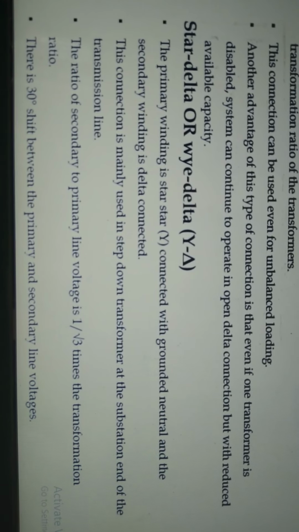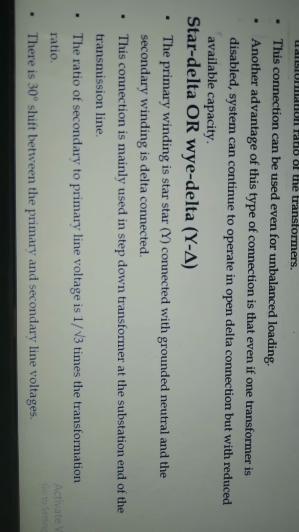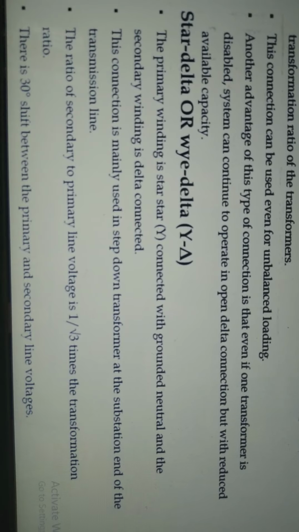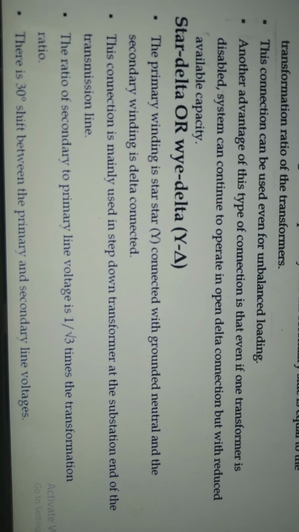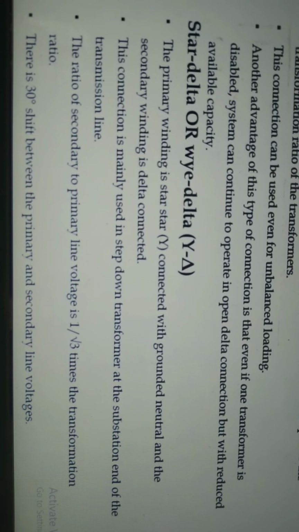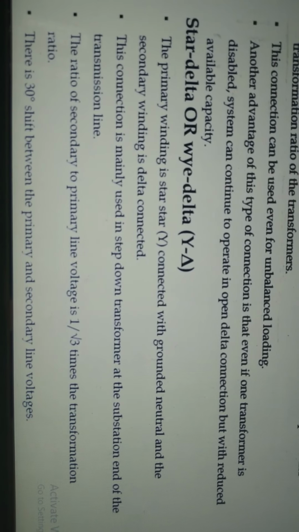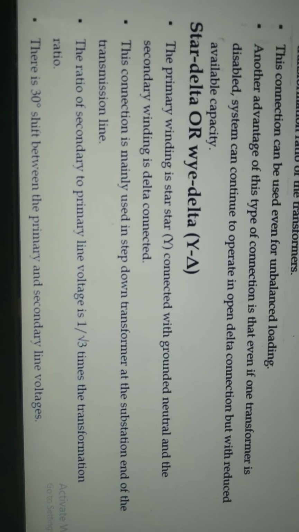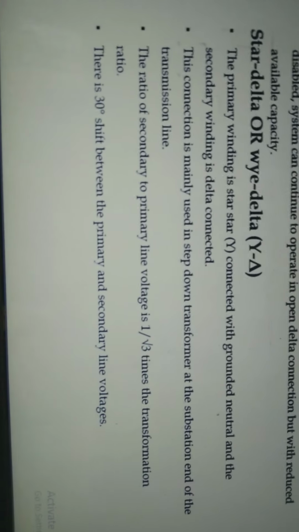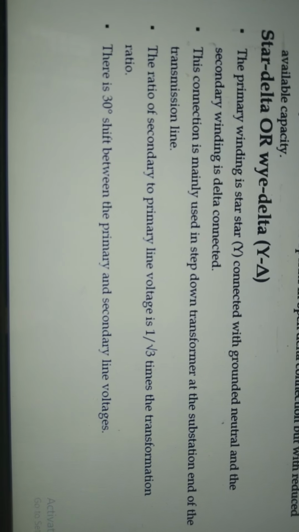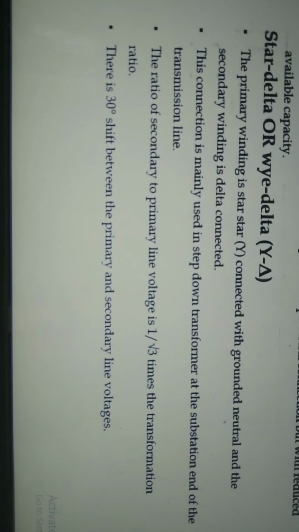This connection is mainly used in step down transformers, which we use in our distribution system at the substations at the end of the transmission lines. The ratio of secondary to primary line voltage is 1/√3 times the transformation ratio because it is star to delta. There is a 30 degrees shift between the primary and secondary line voltages.